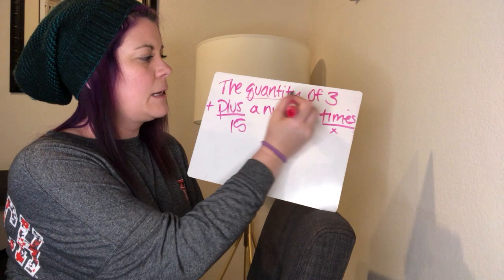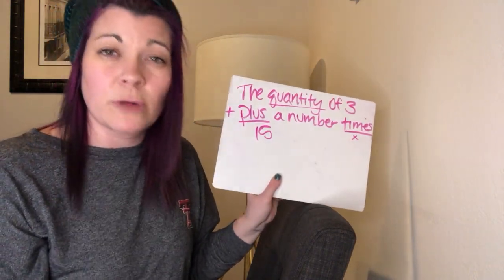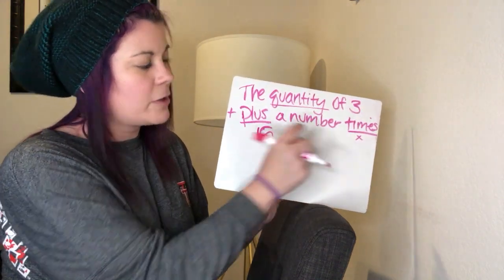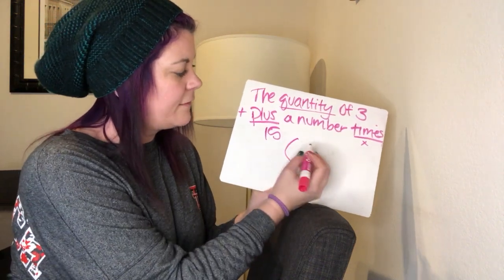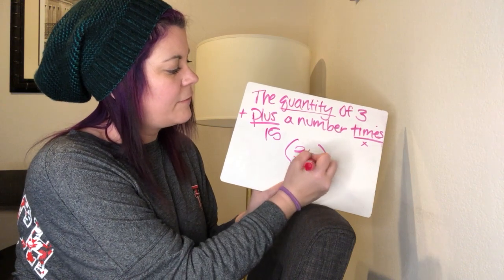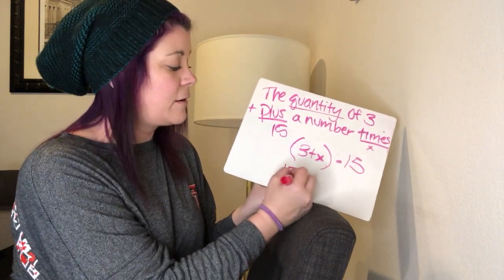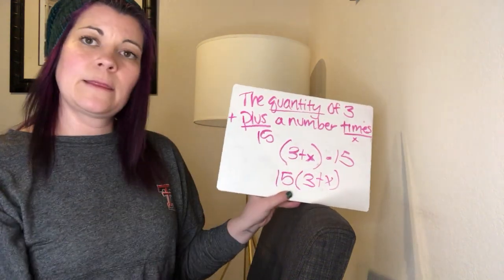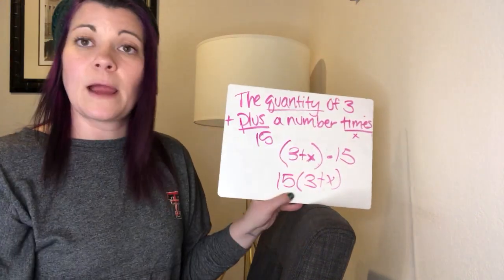When you see the word quantity, it basically means there's going to be parentheses around something. So the quantity of 3 plus a number, you have to do that before you multiply it by 15. You can write times 15, or you can just write 15 on the outside of the parentheses as well, because that means multiplication when it's sitting right outside the parentheses. Both of these are right.